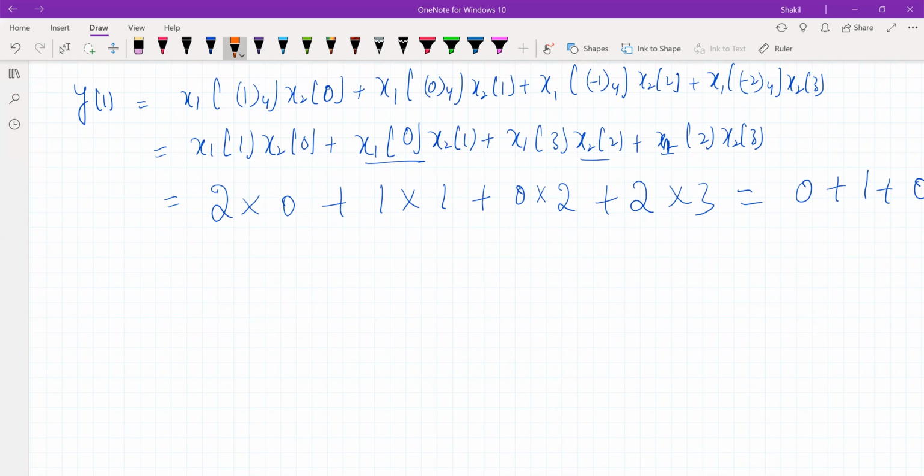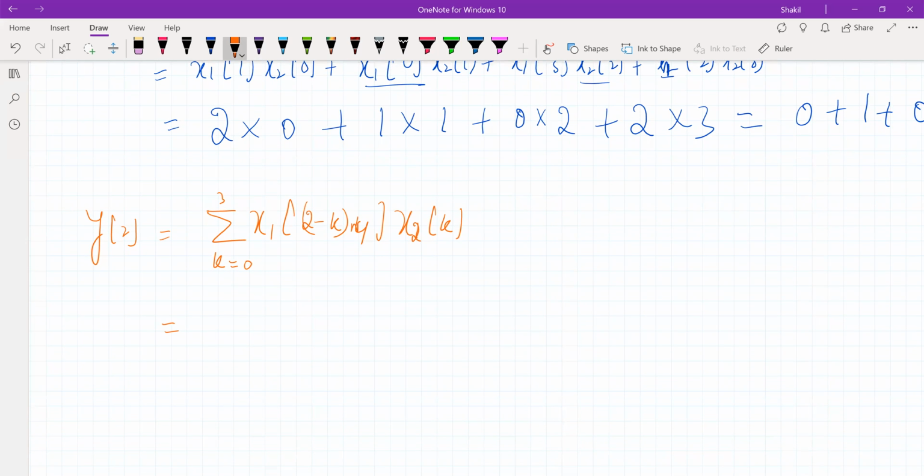Next, we'll compute when n is equal to 2. Put n equal to 2. So the summation becomes sum over k of x1 of (2 minus k) modulo 4, x2 of k. So substituting the values of k in this summation, we get x1 of 2 minus 0 is 2 modulo 4, x2 of 0.